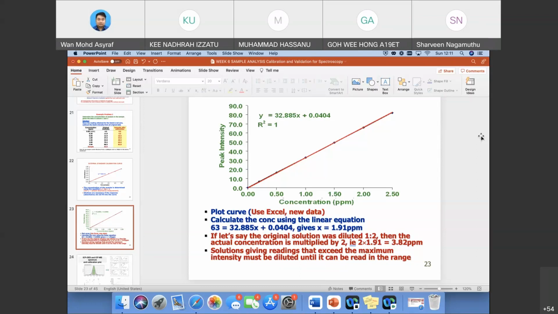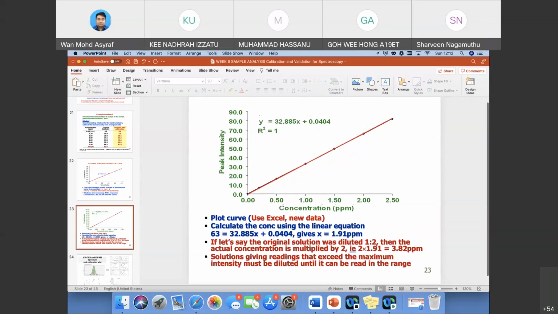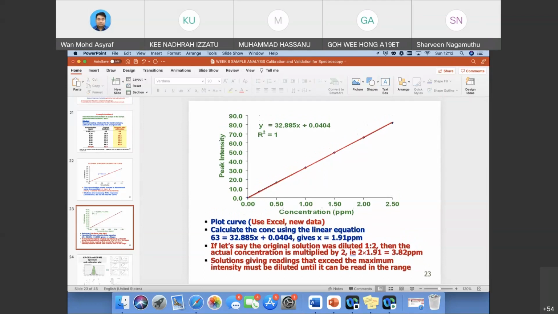So basically what you need to do, kita buat apa, Sharvin, kalau dalam case ni? We have to extrapolate the graph. Okay. Wow. Extrapolate should not be done, because extrapolate means that you just continue this straight sampai atas, kan? Which should not be done. You need to extend your calibration curve.